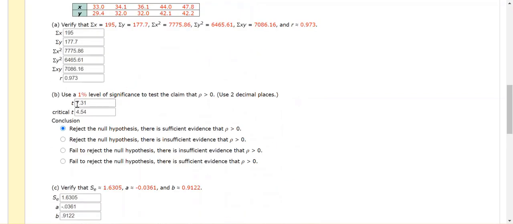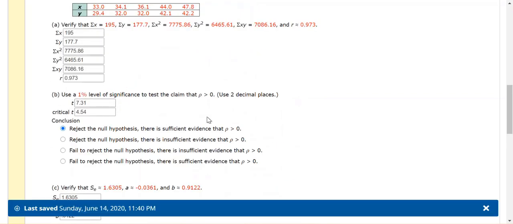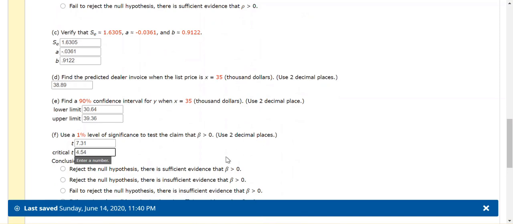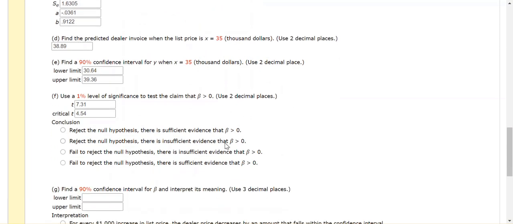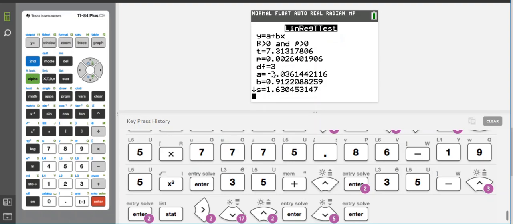Now those numbers are exactly the same as up in part B. We use the same type of thing. So when I did that, I got a p-value that was quite small. And so my p-value was 0.002, so 0.003, and that is smaller than 1%.